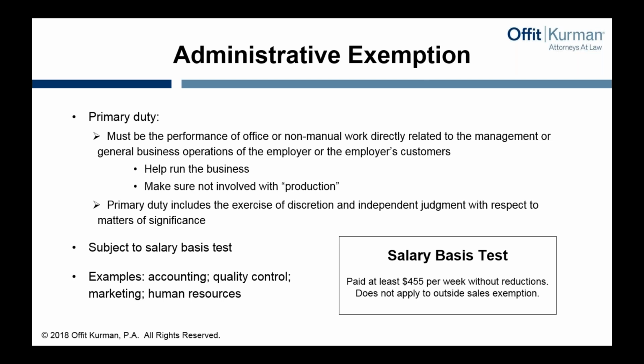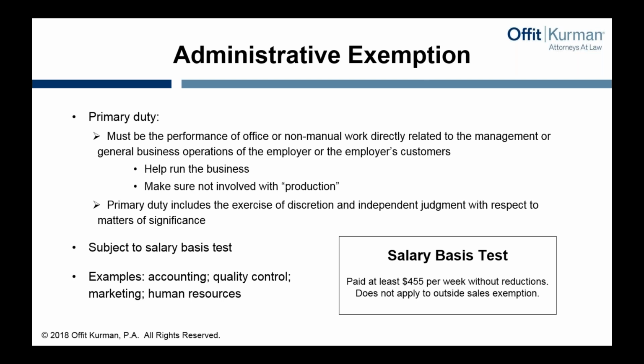So really, the idea here, at least in terms of general category, is you want to think back office administrative function and not production. So whatever your company does, the people that produce that product or that service are not likely to fall within the administrative exemption.